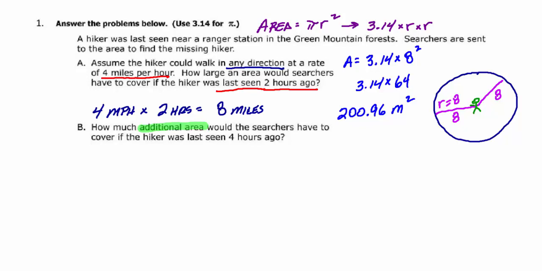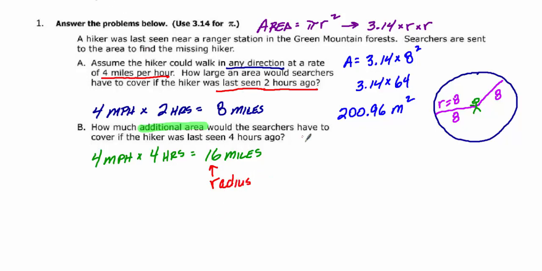So this changes. So now what they're telling us is our hiker was traveling 4 miles per hour times 4 hours, which means he could have traveled a total of 16 miles. That means the 16 is now the new radius.